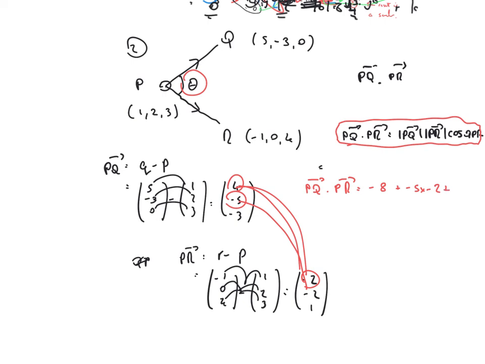Let's just go over that again. 4 times minus 2, plus minus 5 times minus 2, plus minus 3 times 1. So that's minus 8 plus 10 minus 3, and that will give me minus 1.